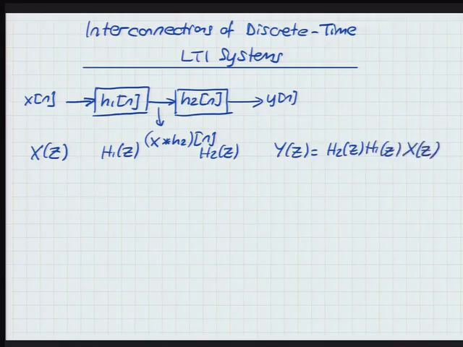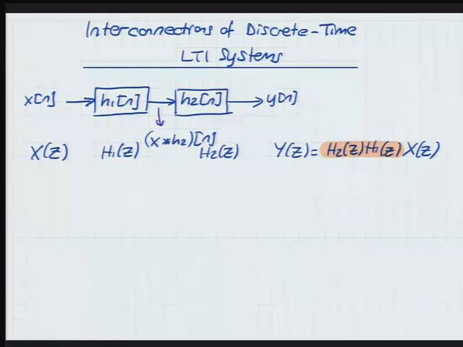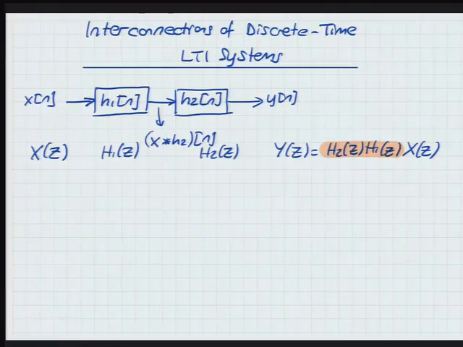And so this piece here, the product of H1 and H2, is the transfer function of the interconnection. So if you have a series interconnection of two LTI systems, you just multiply their transfer functions, and it's as simple as that. If you have a parallel interconnection, you add them up.